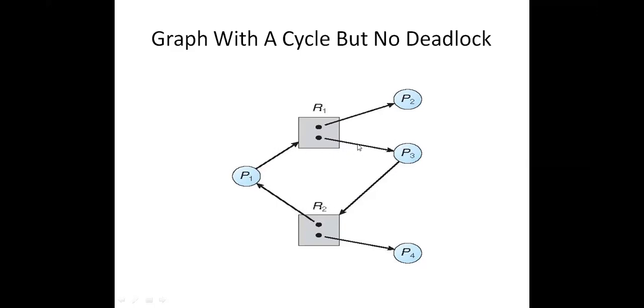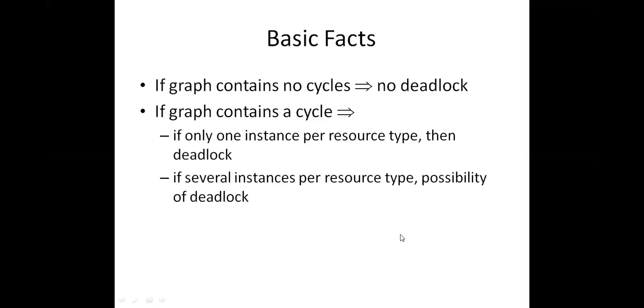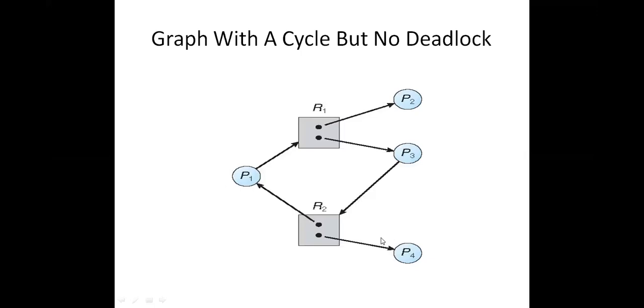Why is there no deadlock? Because there is one more resource R1 allocated to P2. There is another resource R2 which was allocated to P4, and they are not waiting for any other resources. So P2 might complete its task soon, or P4 might complete its task soon. So what happened?